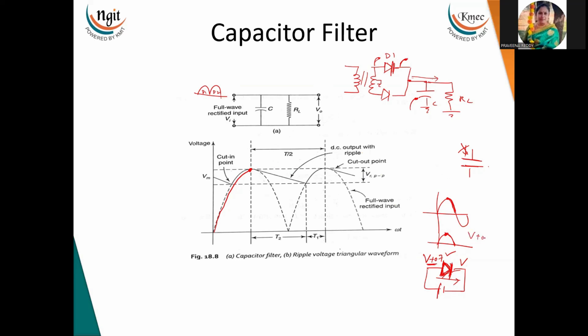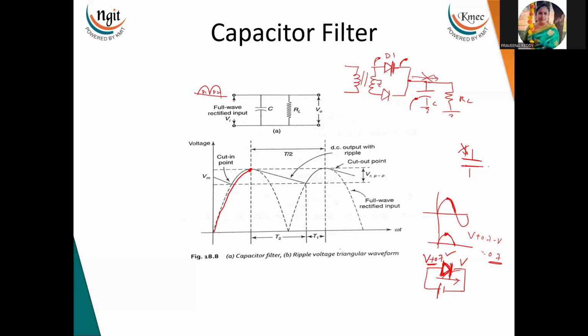V plus 0.7 minus V is 0.7, which should be equal to or greater than 0.7; then only the diode will conduct. Now if both are Vmax and Vmax, the diode will not conduct, so no current is available at the output. Thereby the capacitor will not charge. If current is coming, then the capacitor will try to charge.